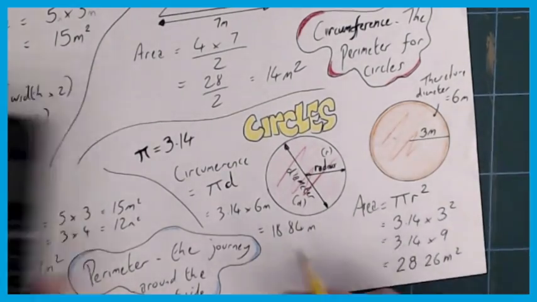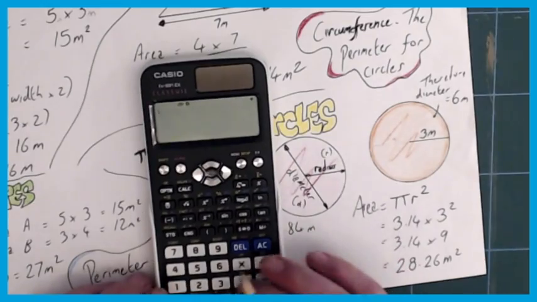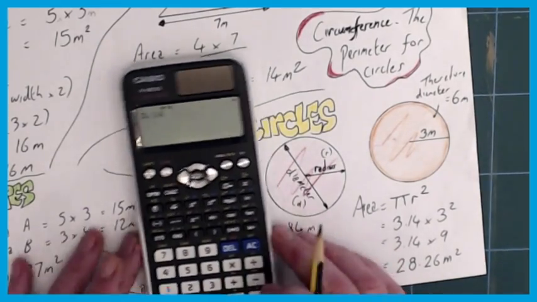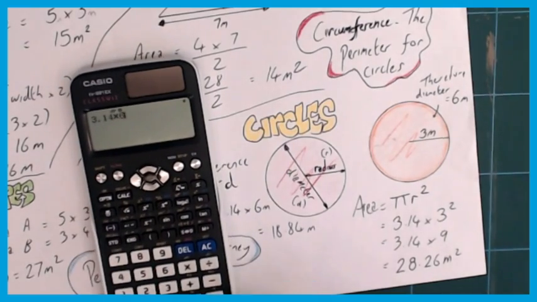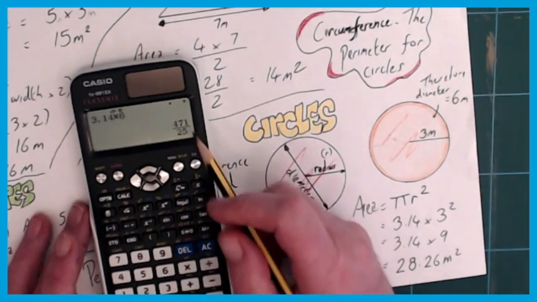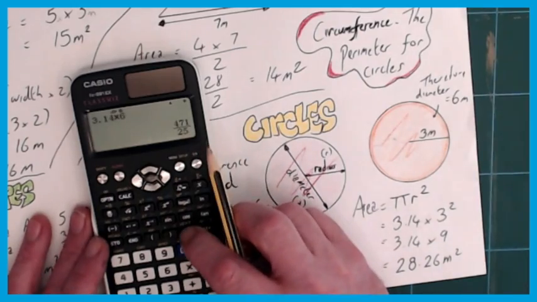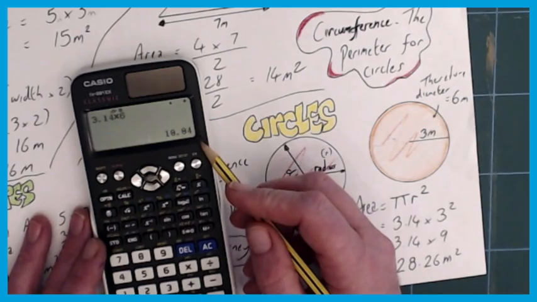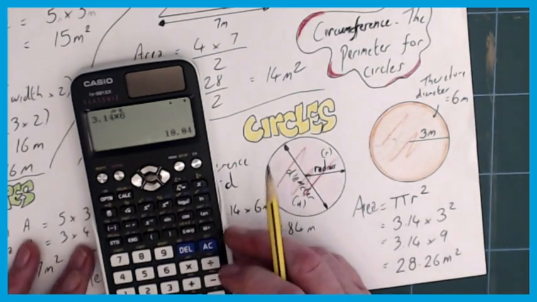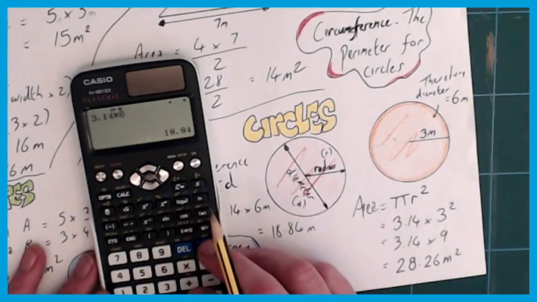And if you do 3.14 times 6, that will give you a fraction, which we change with S to D, and that gives you 18.84. I'm just going to show you using the pi button.